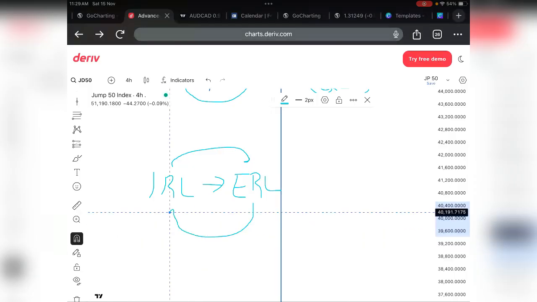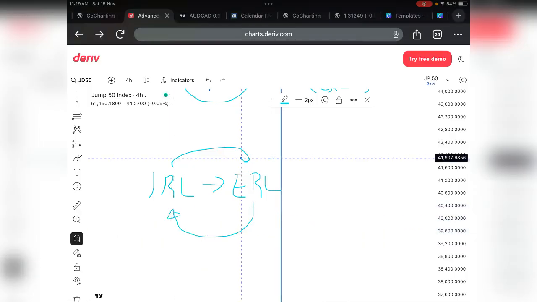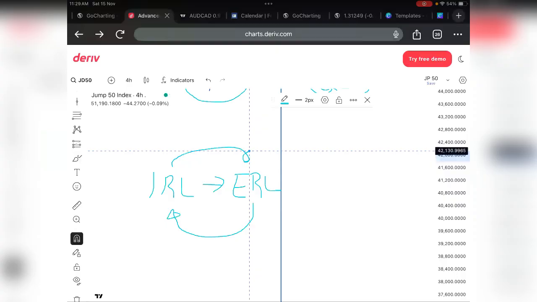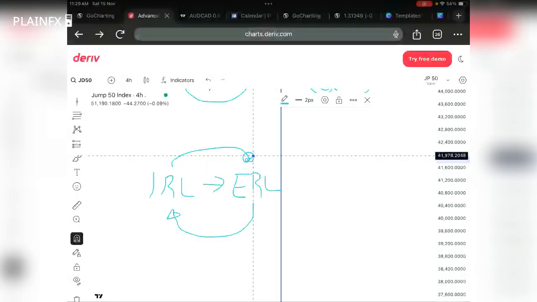Internal range again. This illustration explains expansion and retracement moves. So once price takes out an internal range, it's going to target what?